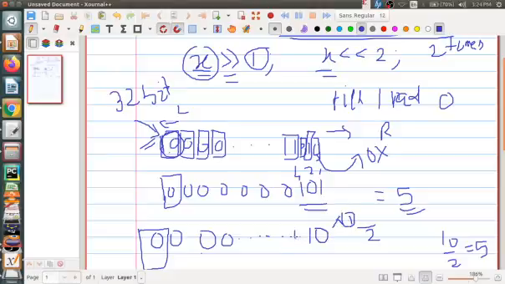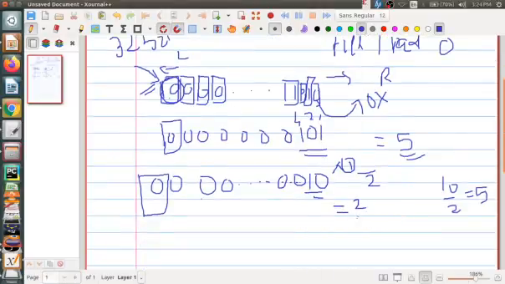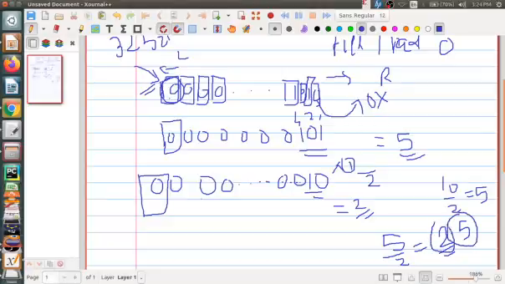So the final value will be 0 1 0. So what is the value? That is 2. So the new value is 2. So 5 divided by 2, what is the value? 2.5, but both are integers, so the fraction part will be discarded and only the integer part remains, so that will be 2.